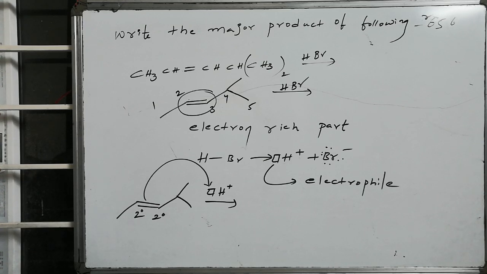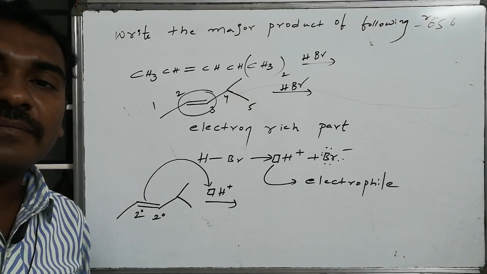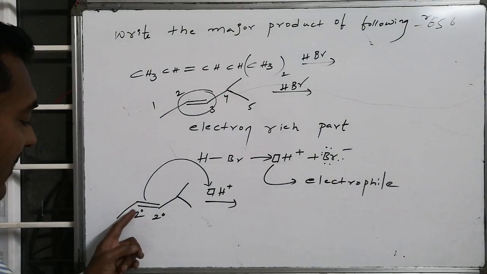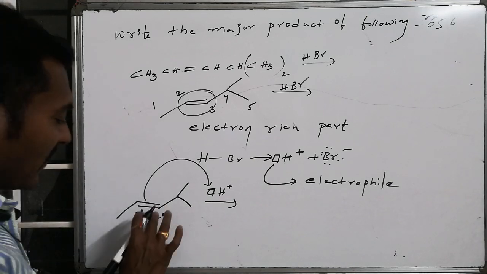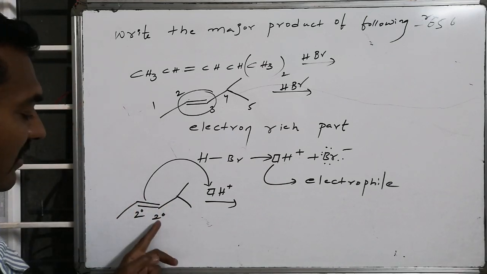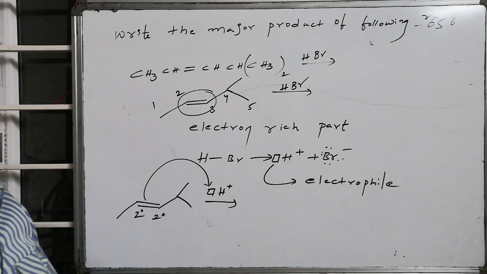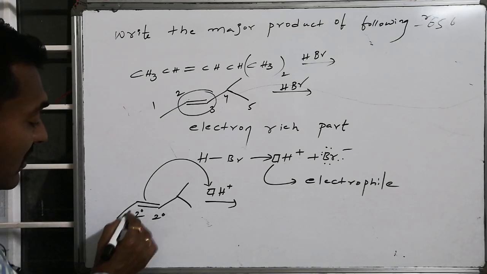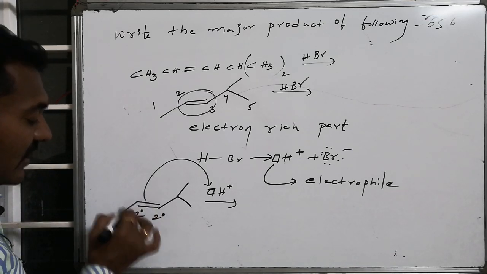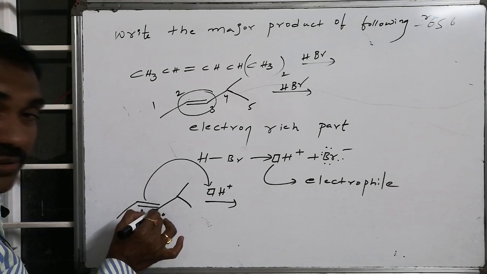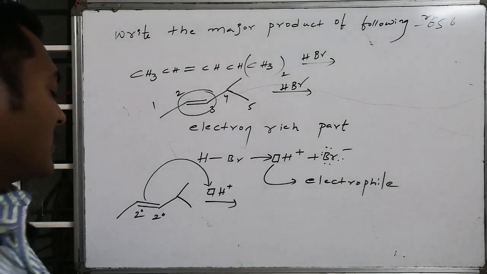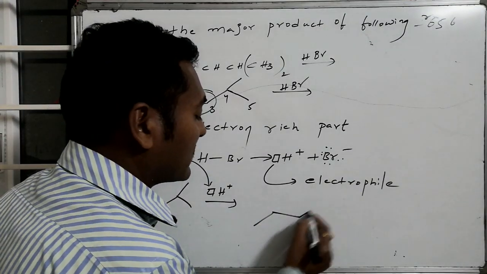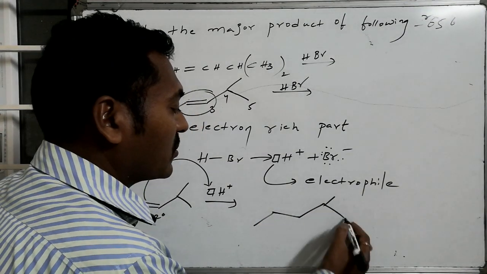But in this case, if hydrogen is connected over this particular carbon, this becomes a secondary carbocation. If hydrogen is connected on this other secondary carbon, this also becomes a secondary carbocation. But this particular carbocation, if hydrogen attacks this carbon, has more alpha hydrogens. Hence the reaction takes place in such a way that here it has two methyls.